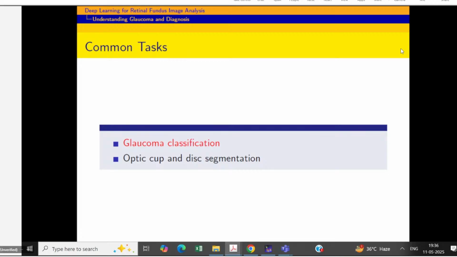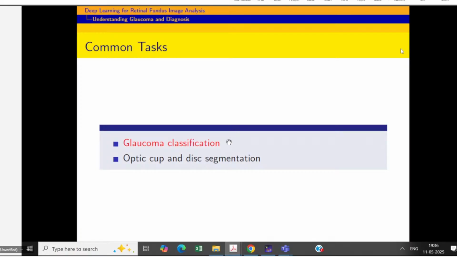If I come to only glaucoma detection, it can again be divided into two subtasks: glaucoma classification and glaucoma optic cup and optic disc segmentation. Among glaucoma classification, there can be binary classification and multi-class classification.